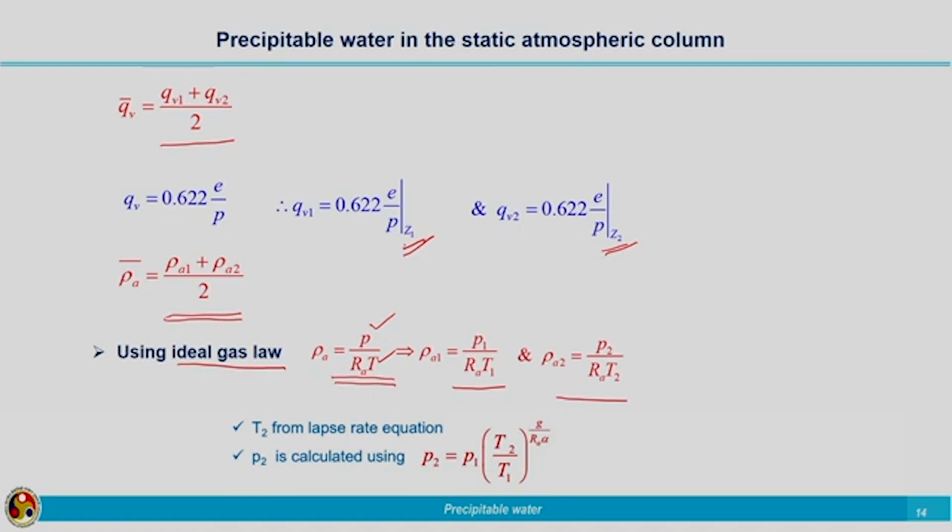T2, the temperature at section 2, will be calculated by making use of the lapse rate equation. P2 is obtained by using the equation derived earlier, because we have derived the equation for how pressure changes with altitude. That relationship between P2, P1 and temperatures T1, T2 will be used for calculating P2.